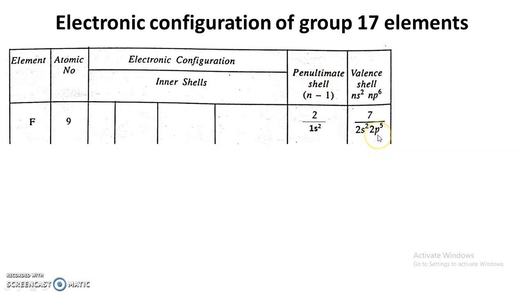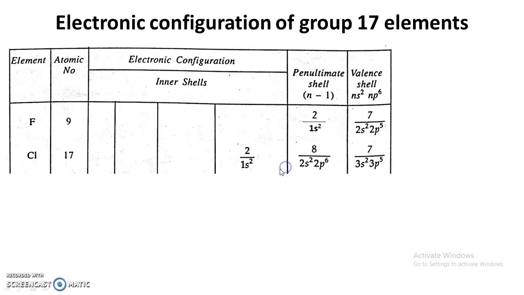The general valence shell electronic configuration is ns2np5, not 6, it should be 5. And therefore for fluorine, in the penultimate shell there are 2 electrons and in the valence shell there are 7 electrons, 2s2, 2p5.